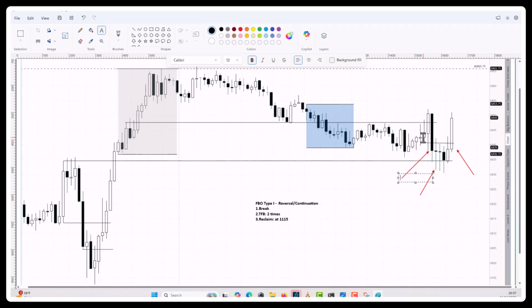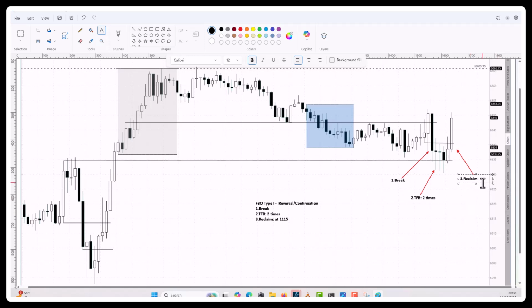So you have the break at 10:15, okay, and then you have a test from below, in this case twice, 1, 2 right there, and then the next step you have 3, which is a reclaim.